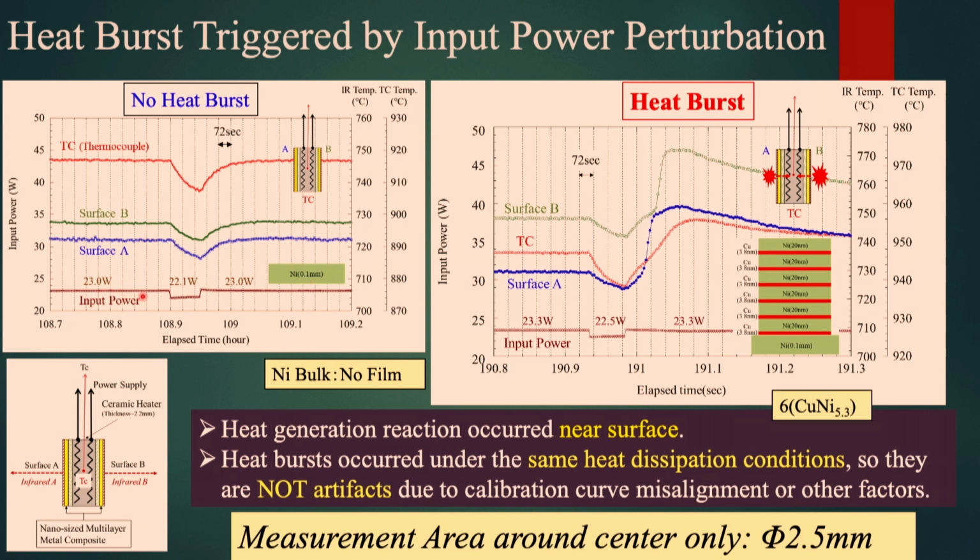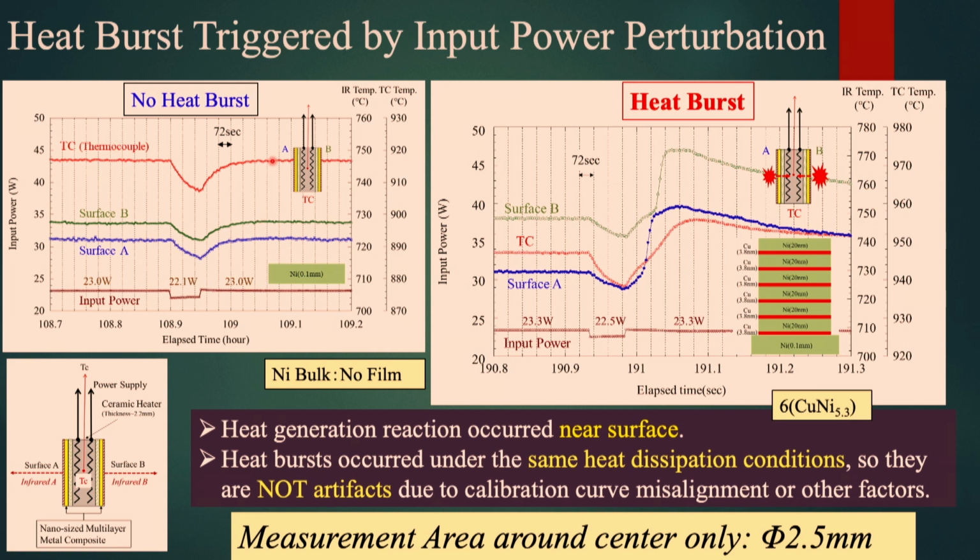This is the input power. We decrease it for about 3 minutes, slightly, and return it to the original value. Then the thermocouple and surface temperature return to their original values.